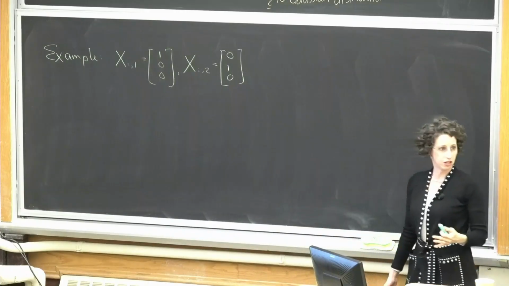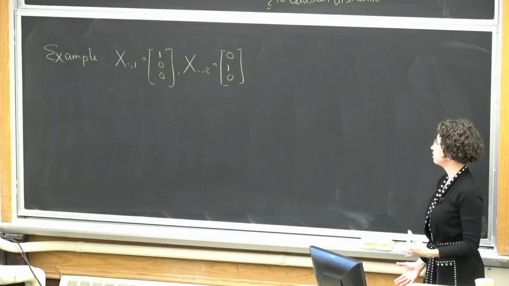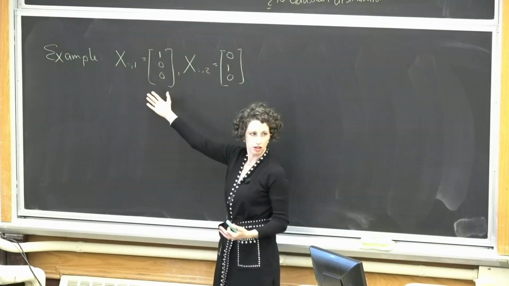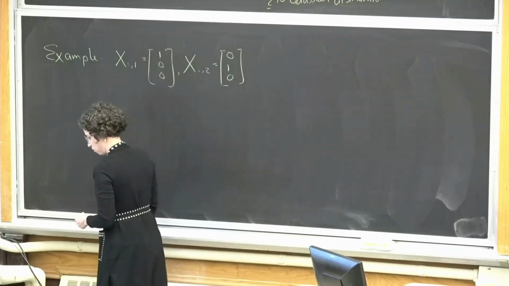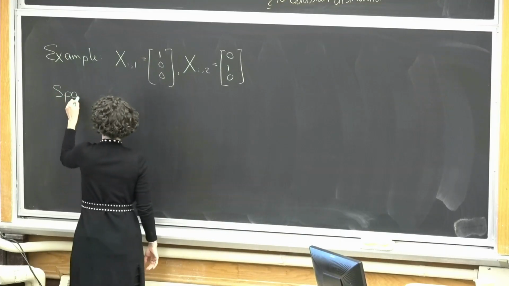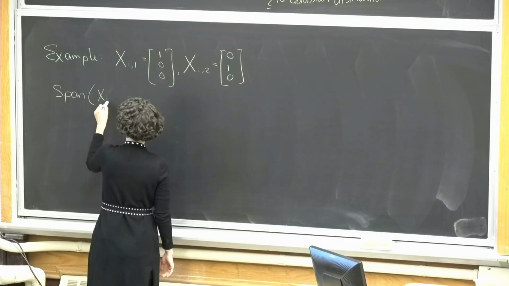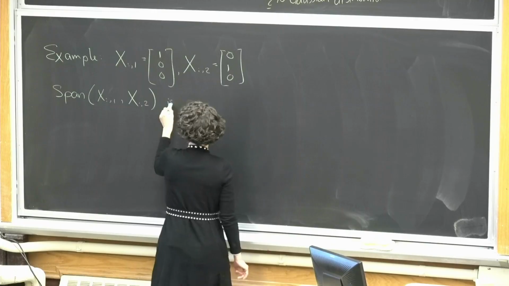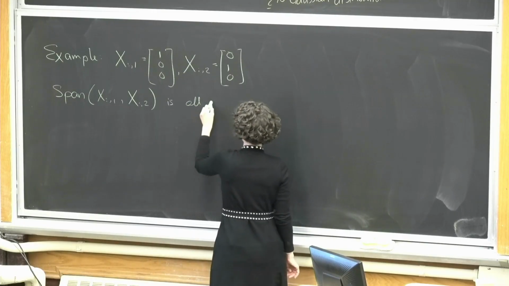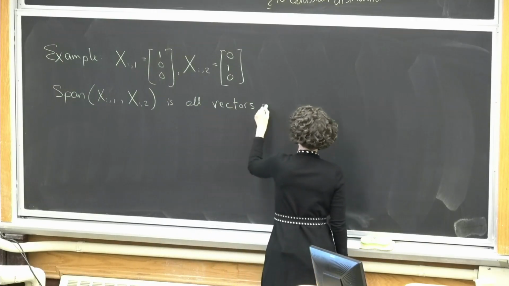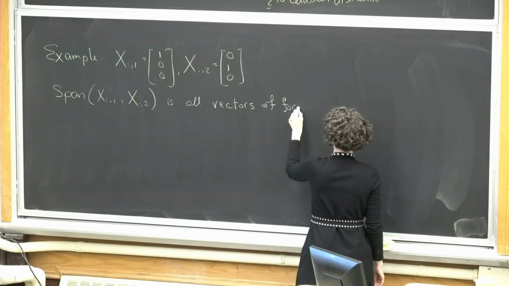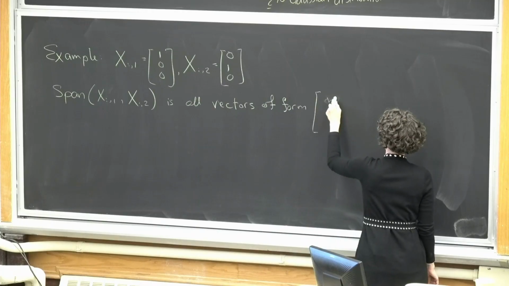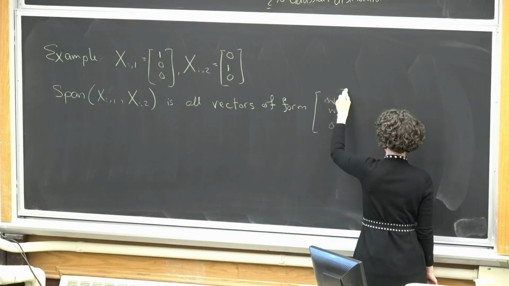So now if we wanted to compute the span of these vectors, it would be any vector that could be written as a weighted sum of these two vectors. More specifically, the span of x colon 1 and x colon 2 is all vectors of the form weight 1, weight 2, 0.